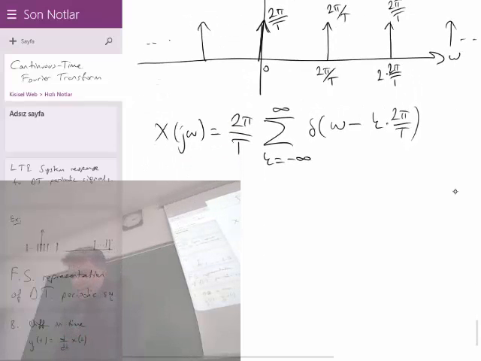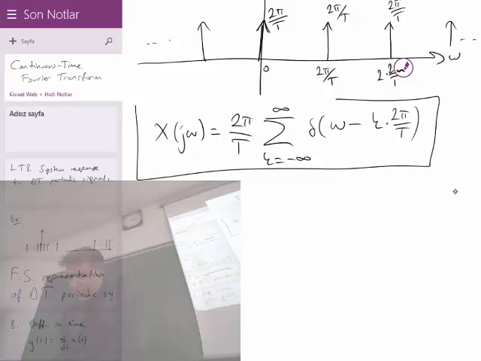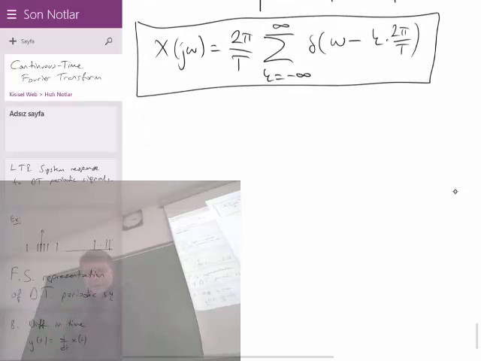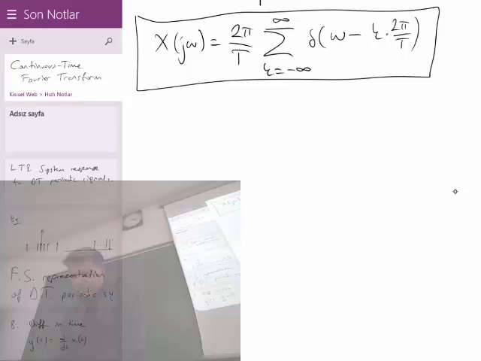Now, let's put it in a box and try to find the Fourier transform in an alternative way. Let's think of the Fourier transform of delta t minus capital T, delta t minus 2 capital T, etc. What are the Fourier transforms of each of these things?